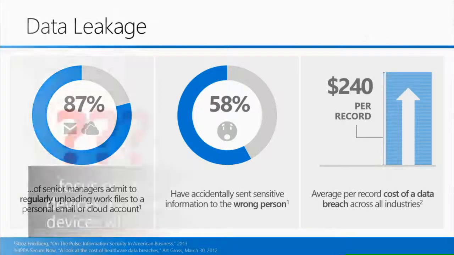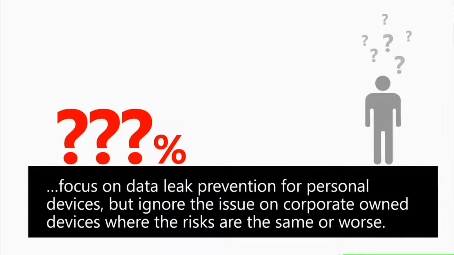How do we go about solving it? When we think about this problem, we also look at what else is out there. One of the things we notice is there's a set of data leak prevention solutions that focus on mobile devices. It is definitely an area of concern because on mobile devices, you can tend to leak data easily given the data is moving around a lot more.